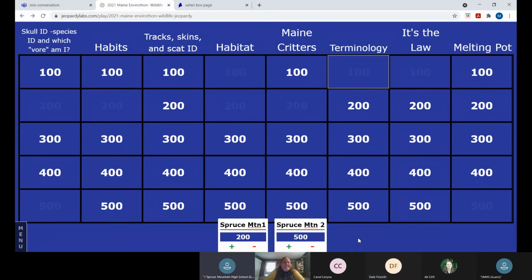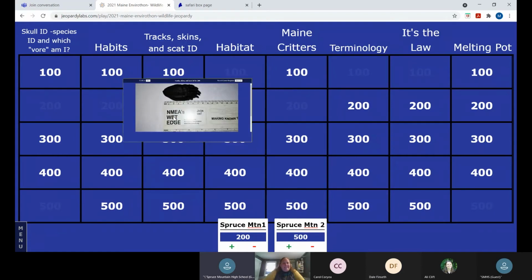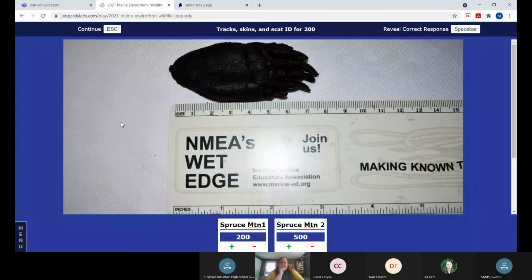Track skins and scat ID for 200. Track skins and scat ID.